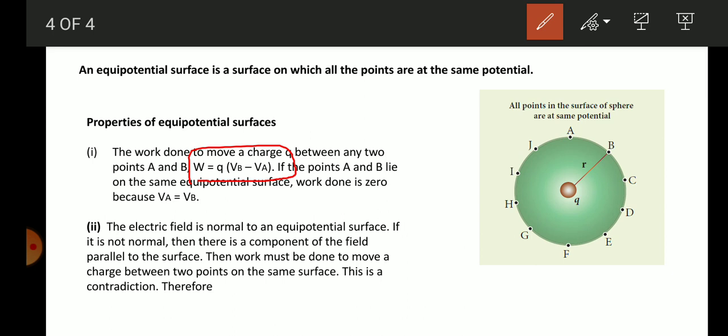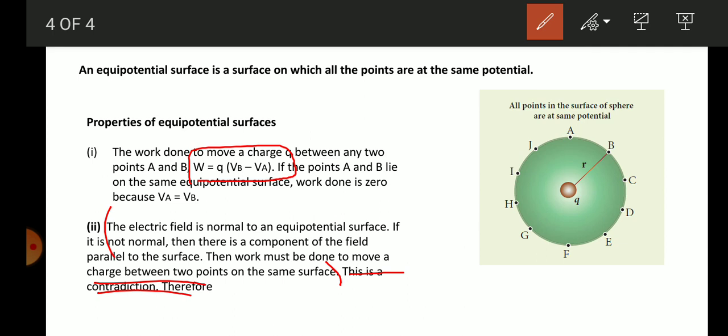Then the electric field is normal to an equipotential surface. If it is not normal, then there is a component of the field parallel to the surface. Then work must be done to move a charge between 2 points on the same surface. Up to this is not required.